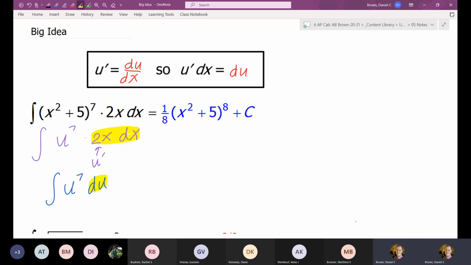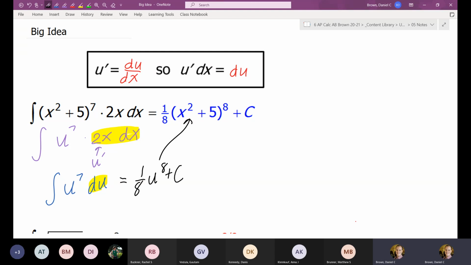The integral of u to the 7th, easy. What's the integral of u to the 7th? Well, 1/8 u to the 8th plus c. What do we say u was? The x squared plus 5. So it allows us to take something that's complicated, make it simple, and then find the antiderivative a little bit better.